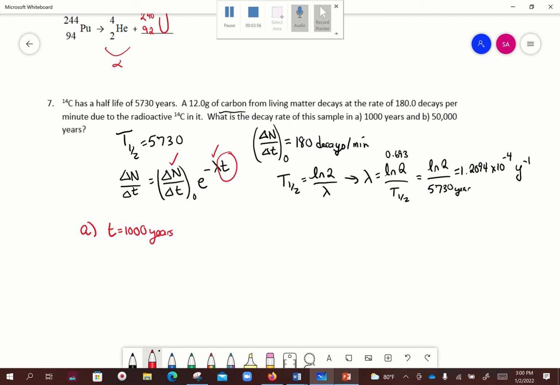So delta N over delta T is going to be delta N over delta T0, which is 180, times e to the minus lambda, 1.2094 times 10 to the minus 4, times T, which is 1,000. And I had to match my units. My lambda is in per year, and I multiply by time in years, so the units of years cancel out. And I get 159.5 decays per minute.